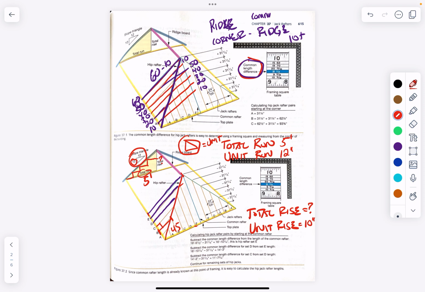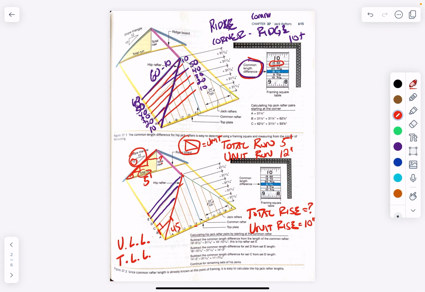So the last thing we have is our actual line length. So we have our unit line length, and then we have our total line length. Our unit line length is found on our framing square, which is right there.